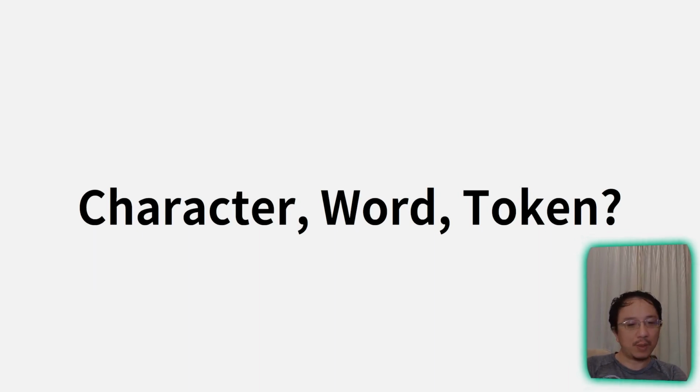Currently, the most popular one is sub-word level, or we simply call it token level, because they are just a way to build a dictionary of tokens. And these tokens may be a character, a word, a sub-word, or maybe even some inter-words.